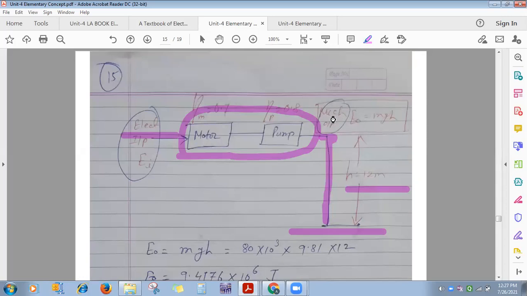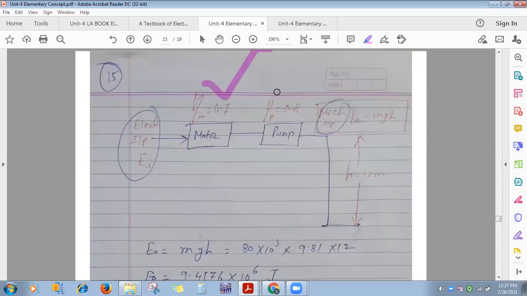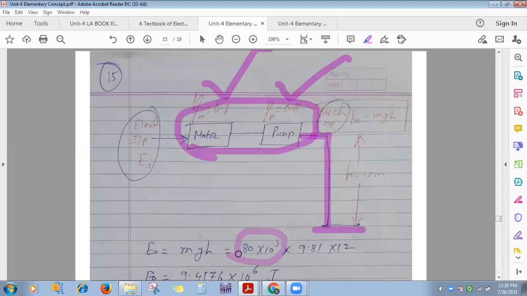So in this case, what is given to you? Efficiency of motor and efficiency of pump are given as 70 and 80%. And the output of the motor pump is mechanical. This motor pump assembly is lifting 80 meter cube of water through some height, 12 meter, against gravity.